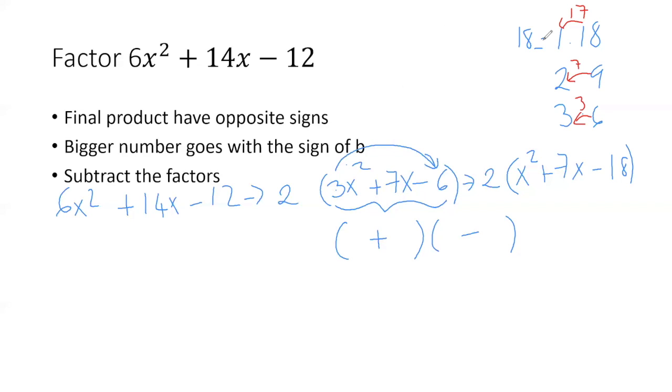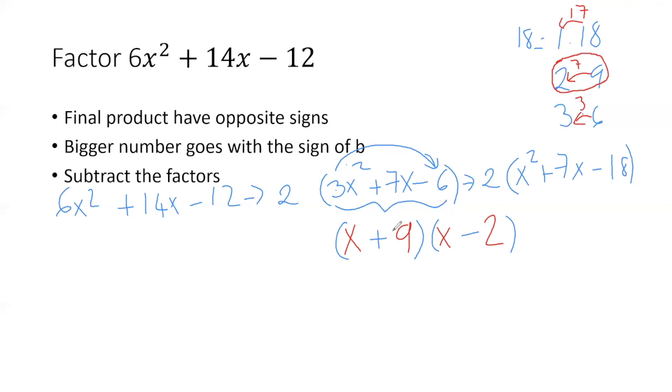The numbers I will use for the factors are 2 and 9, because these subtract from each other and give 7. But I need to decide that the bigger number goes with the sign of b. So 2 and 9, 9 is the bigger number, and the sign of b is plus. That means 9 goes with the plus sign. So x plus 9 and then x minus 2.